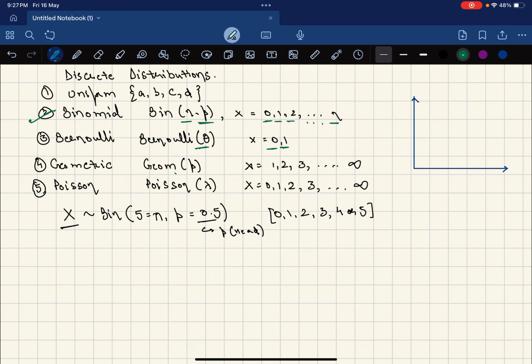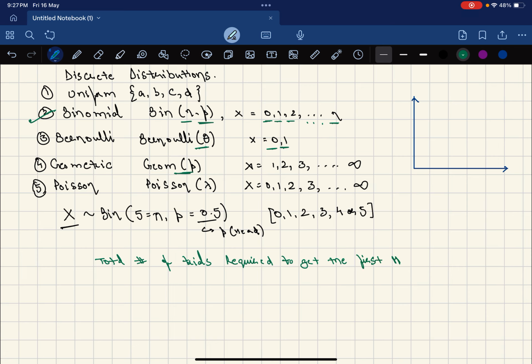Similarly, now if we go towards geometric distribution, if you remember, the random variable is defined as the total number of trials required to get the first success or first successful trial. Now you would obviously need at least one trial. So let us say we are modeling the total number of trials required to get the first head.